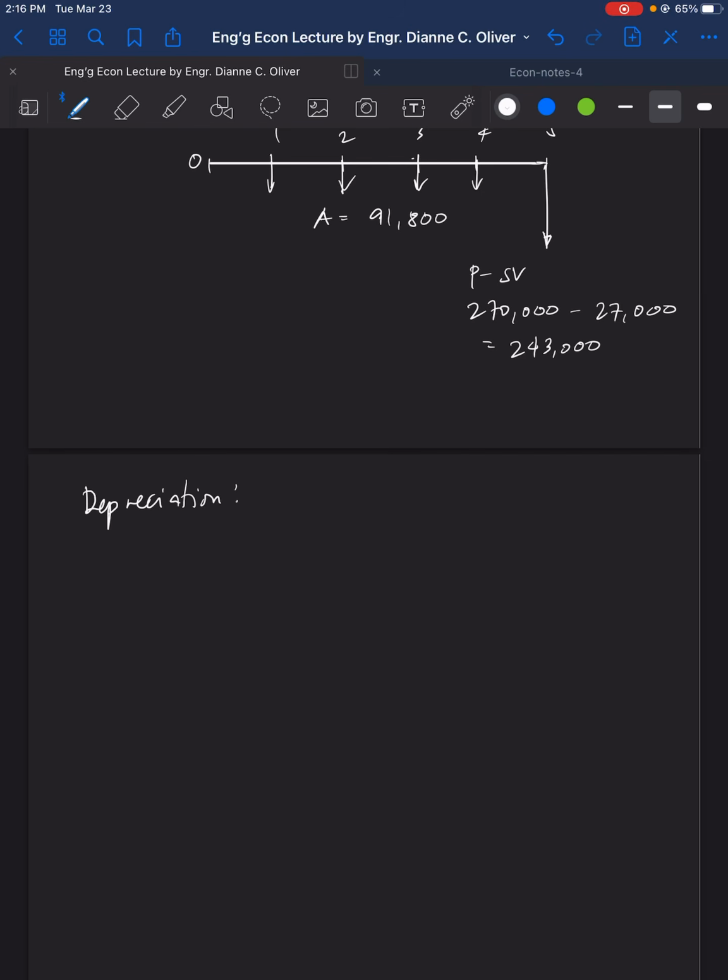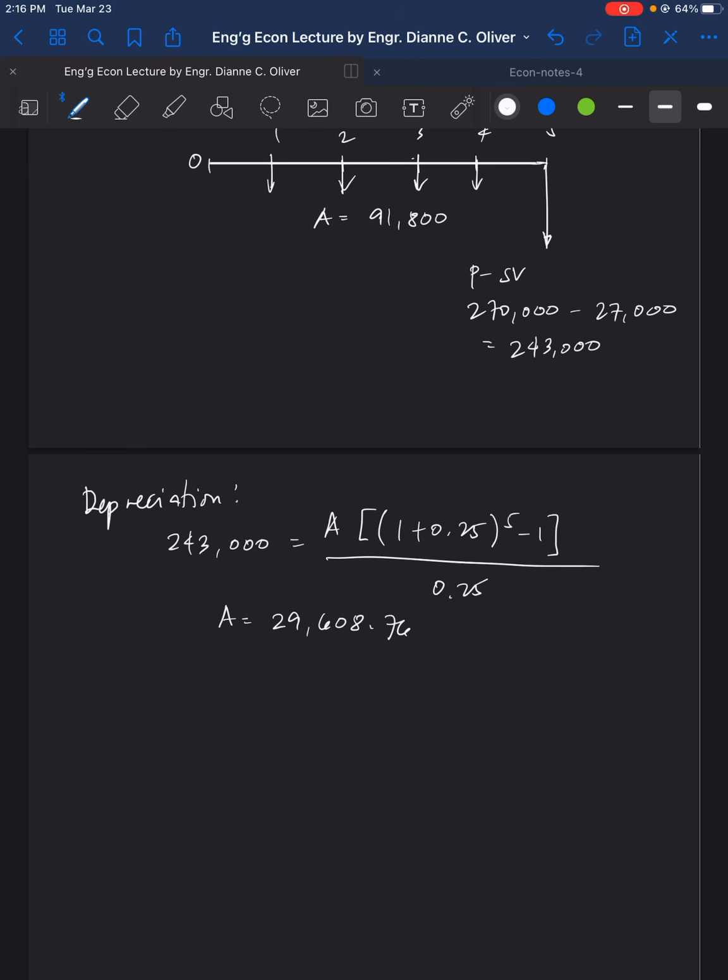Therefore we will solve for the depreciation. The depreciation of 243,000 is equal to the annuity: 0.25 over 1 plus 0.25 raised to 5 minus 1. Since we are using the depreciation here, this is all over 0.25. So again, this is A is equal to 29,608.76.